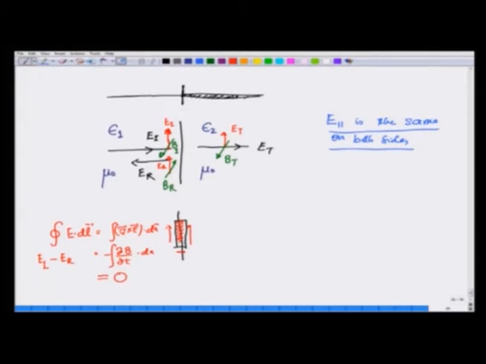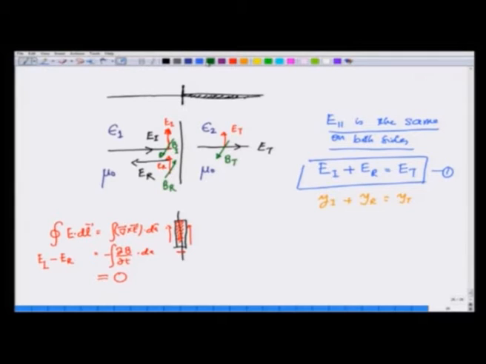So, E parallel is the same on both sides, and this gives me the first equation, which is E incident plus E reflected is equal to E transmitted. This is equation number 1. I will refer back to the earlier equation that we had derived in the string, which was y incident plus y reflected was equal to y transmitted. This is similar to that.